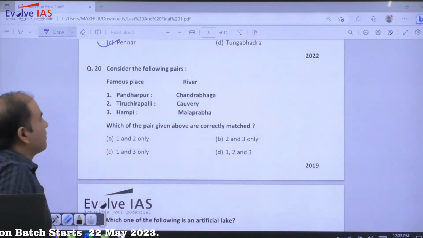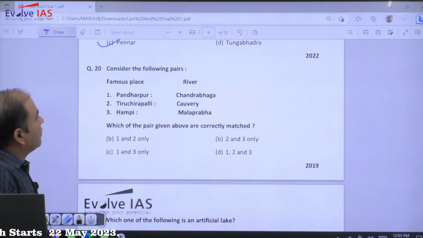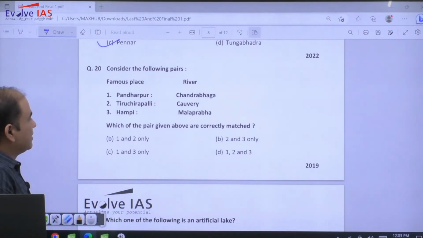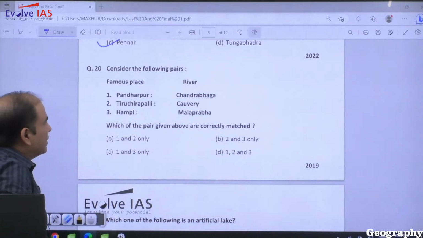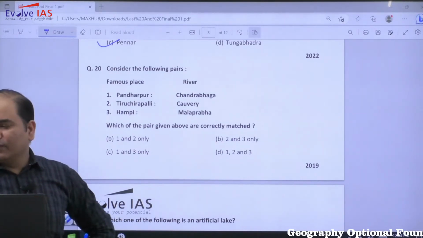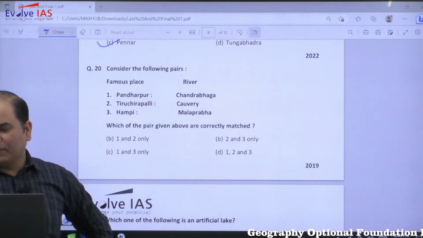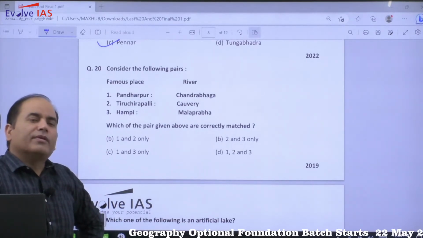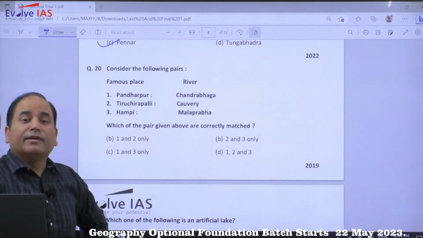Now, famous places and river. So now it is expected that out of this Pandharpur, Tiruchirappalli, Hampi, you need to know the Hampi. Hampi is very popular, and Hampi is historically very important.